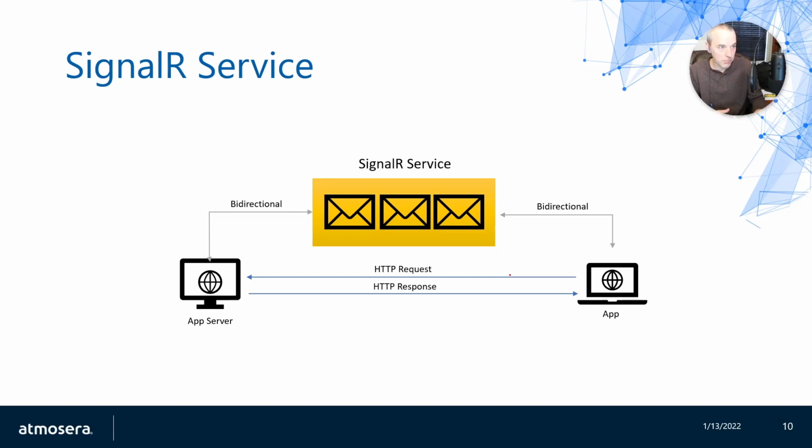You had to write either a long polling implementation or something based on WebSockets. So to mitigate that on the client and the server side, Microsoft introduced SignalR, which provided an abstraction and an interface that would implement both a long polling model and bidirectional communication over WebSockets, which allowed you to do bidirectional communication.